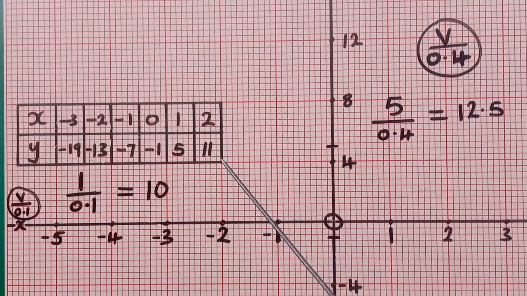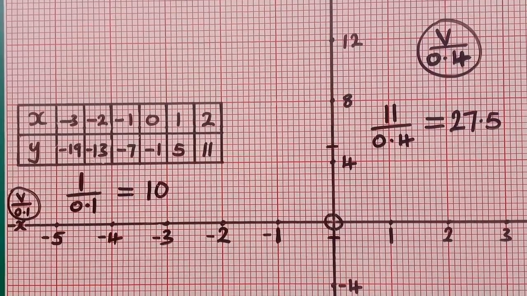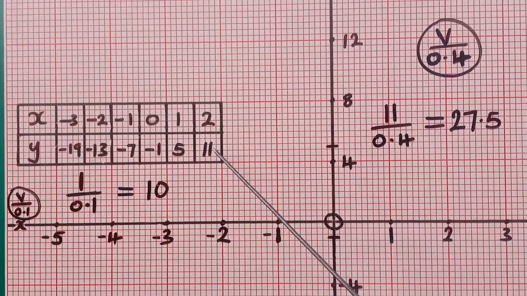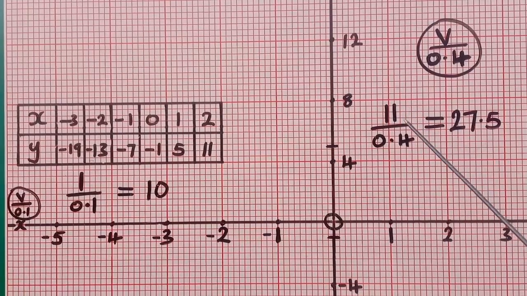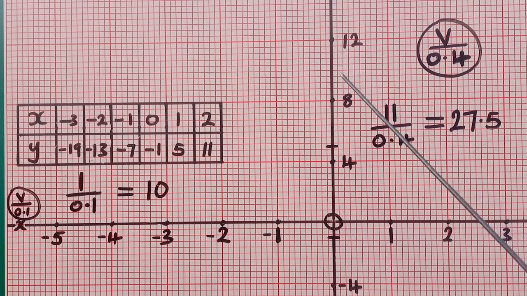What about the location of this 11? If something is going to happen, let's find out how we go about it. Now to locate this 11, we replace this V with it. So we have 11 over 0.4. 11 divided by 0.4 is equal to 27.5, meaning we count 27.5 unit boxes from this origin upwards.